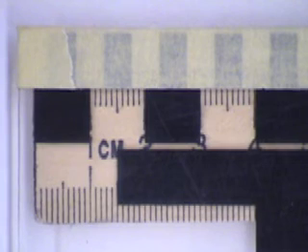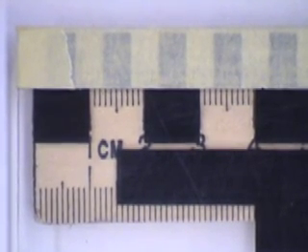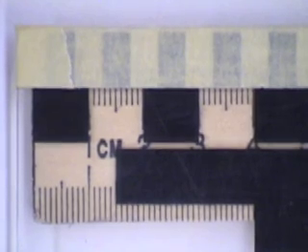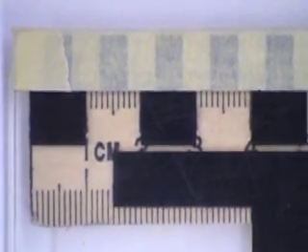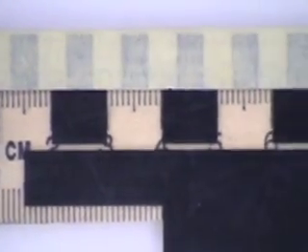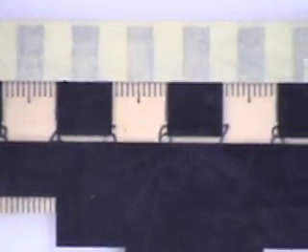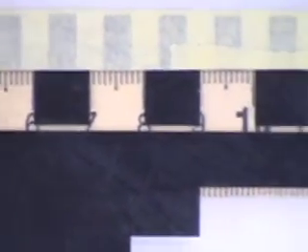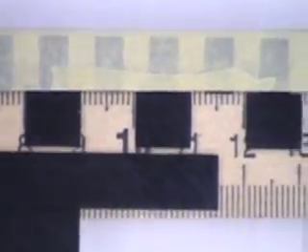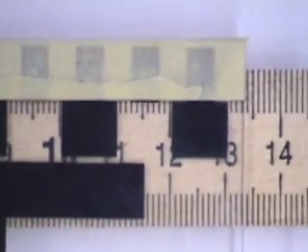Here, the block section is at the 0 of the meter stick, and the next block section is at 2 centimeters, and then 4 centimeters, and 6, and so on and so forth, all the way across the picket fence.